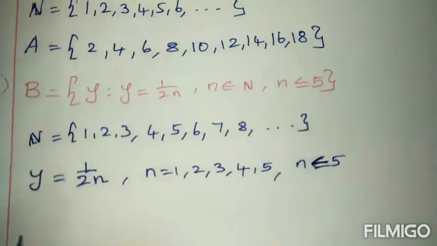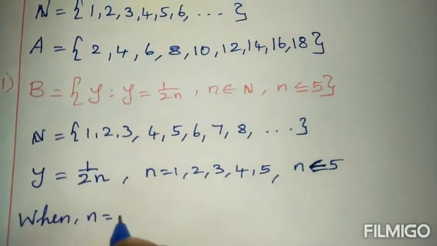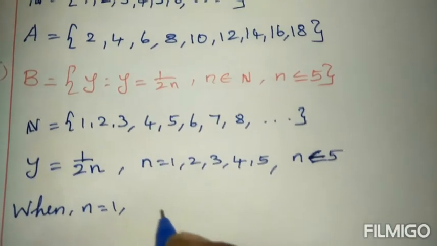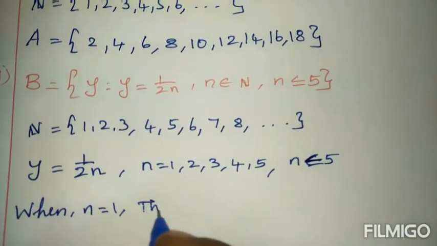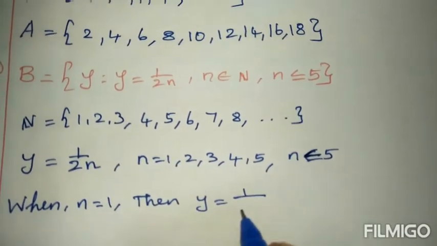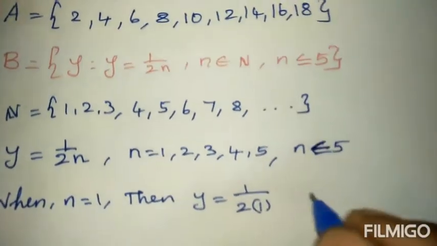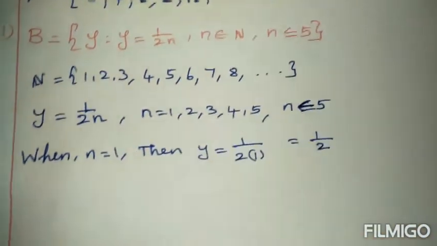Okay. So first, when n is equal to 1, then y is equal to 1 by 2, applying 1 instead of n. So y equals 1 by 2.